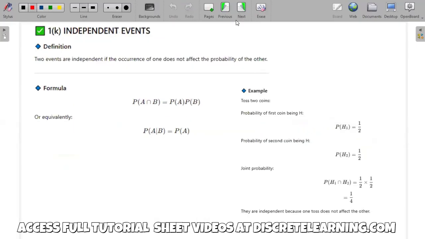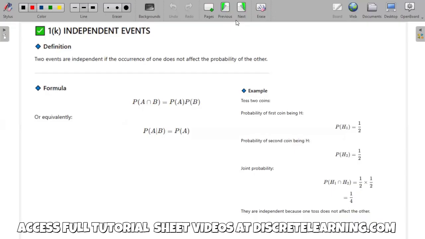All right, so the other definition that was there was the independent events. We can even hear from the word independent. It means that the occurrence of one event does not affect the occurrence of the other because they're independent.